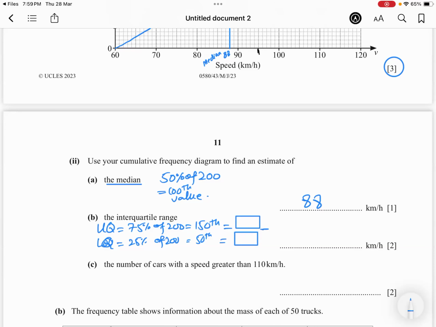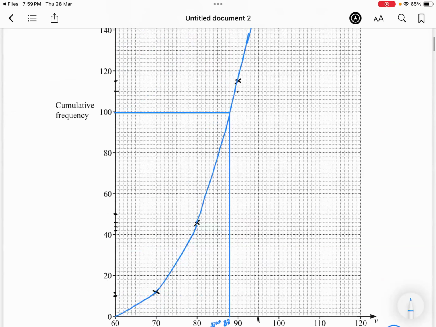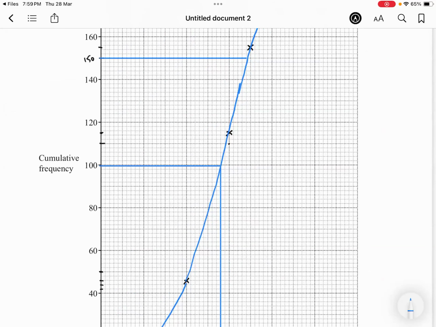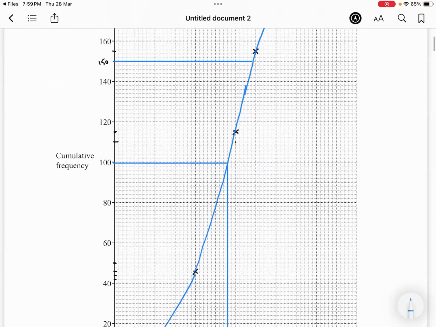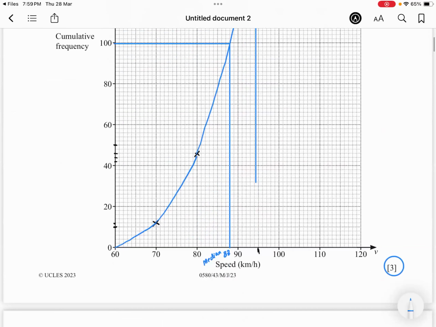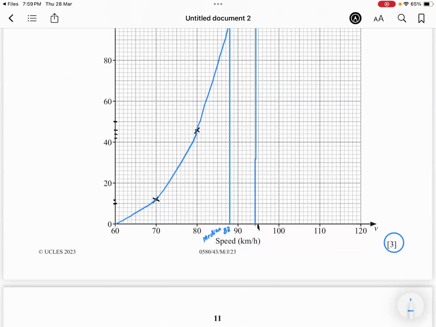So 150th value, let me hit the curve. Okay, let's come down. Okay, and then we have the 50th value. This is the 50th value, hit and come down.